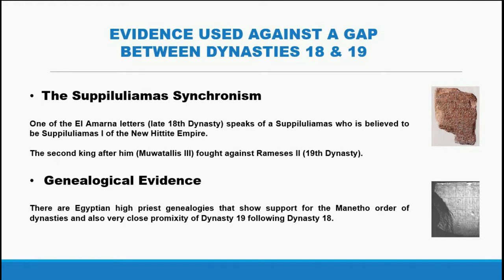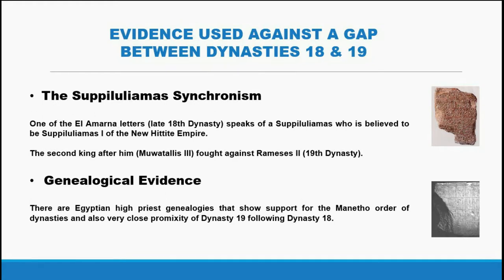The second king after Suppiluliumas I was Muwatallis II, and he was the Hittite king who fought against Rameses II of the 19th dynasty in the famous Battle of Kadesh. The validity of this item of evidence comes down to proving whether or not the Suppiluliumas mentioned in the Amarna letter was Suppiluliumas I of the new Hittite Empire.